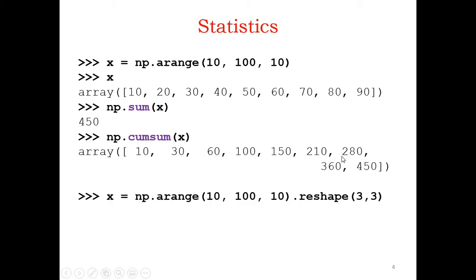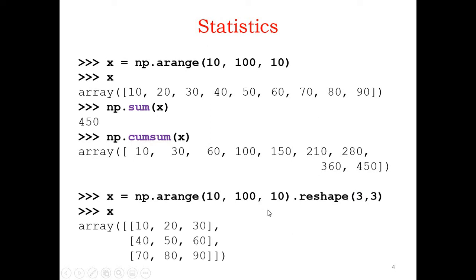If you take the same array and reshape it into a 3x3 array, that means it is a two-dimensional array now. The array will have 3 rows and 3 columns because you have reshaped it as 3x3. So now remember this array. It has 3 rows and 3 columns, 10, 20, 30 first row, then second row, then third row.